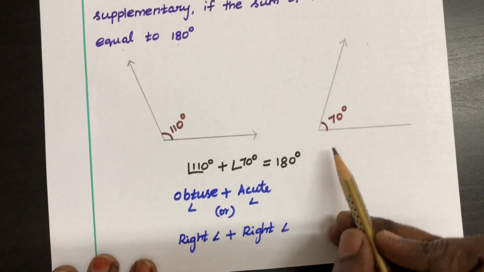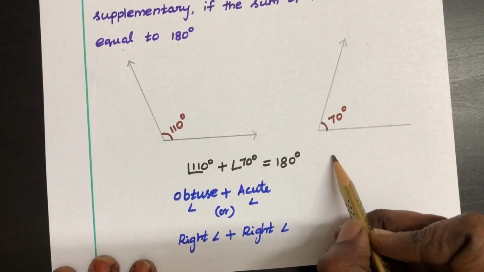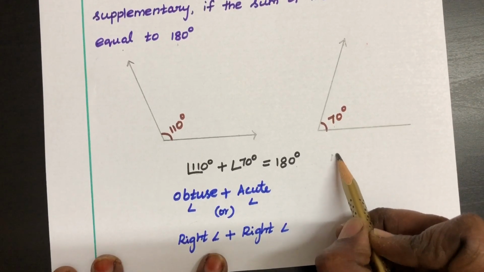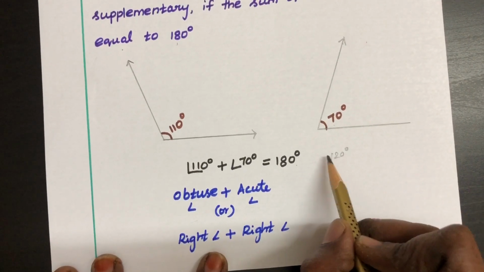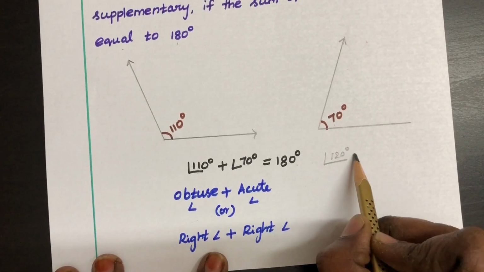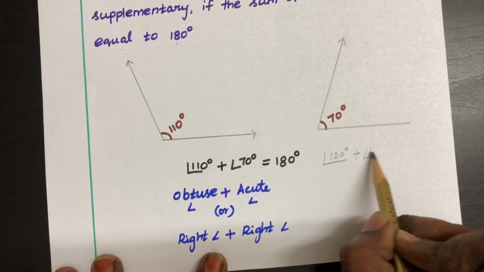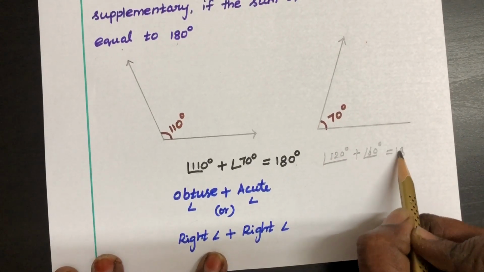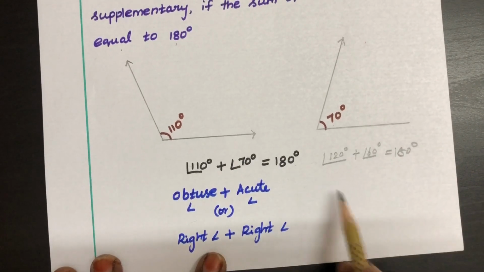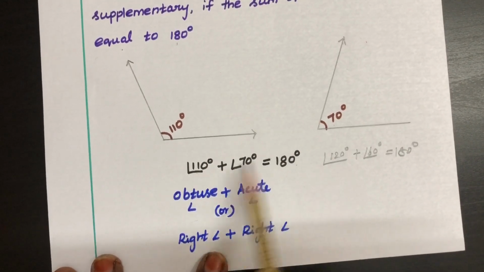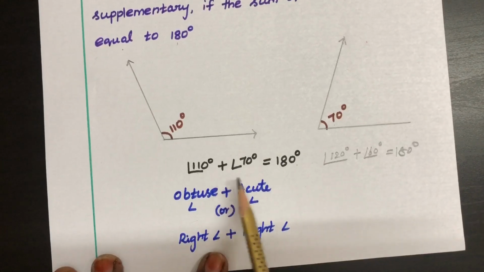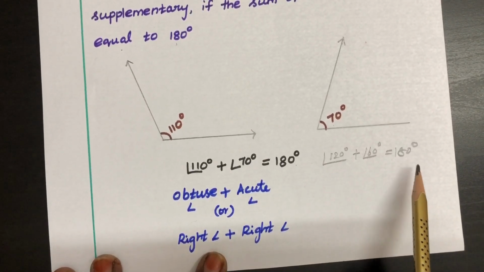For example, if we have taken 120 degree. 120 degree is an obtuse angle, right? 120 degree plus 60 degree will give you 180 degree. So you can make so many measures like this and you can add those things which can give you 180 degree.